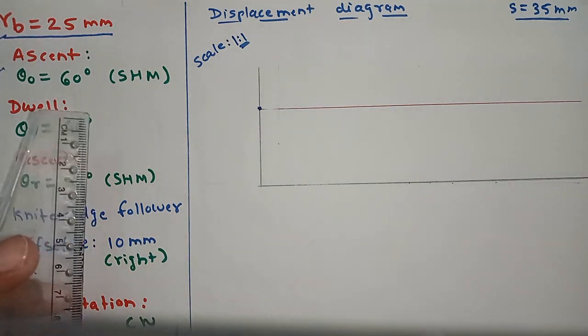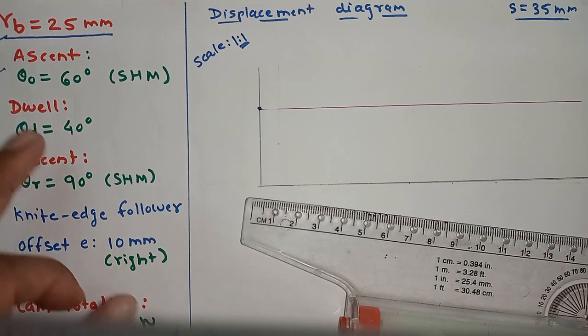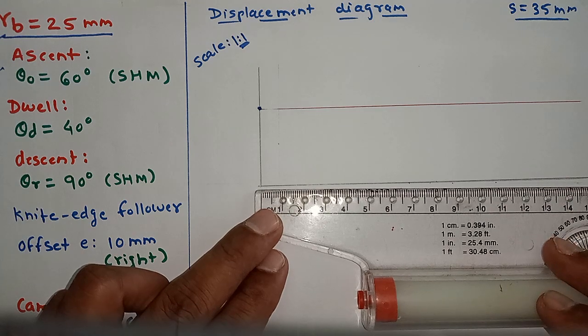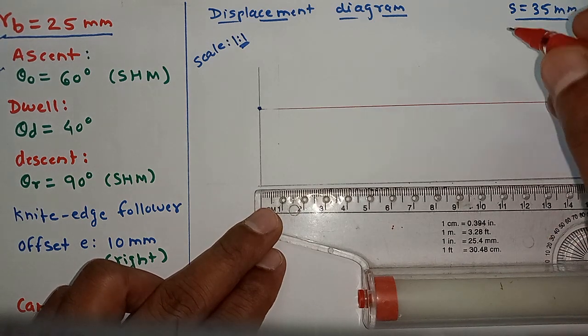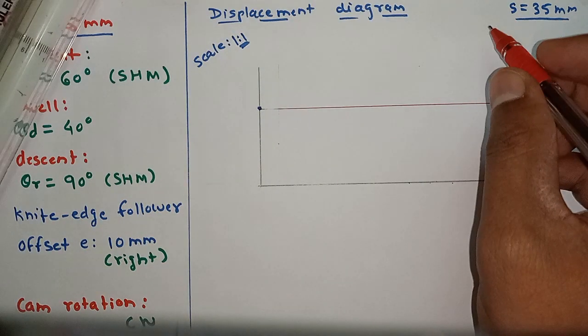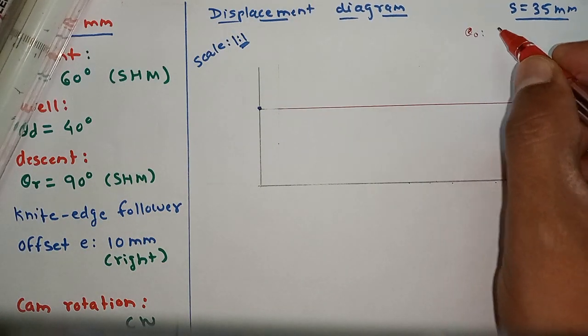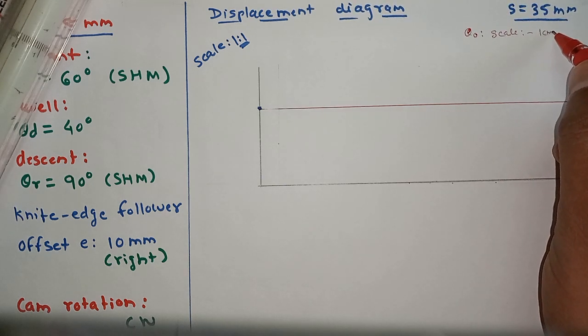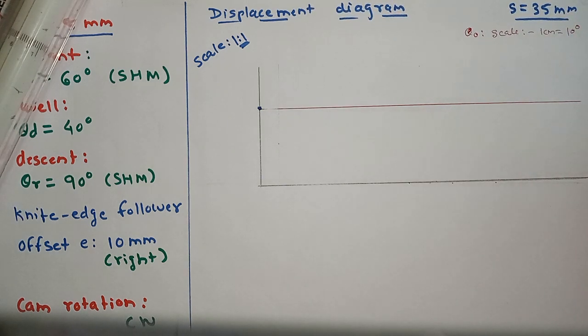Now on x-axis we plot the cam rotation angles. First stroke is outstroke with 60 degrees. For theta O, I will take scale of 1 centimeter equals to 10 degrees.